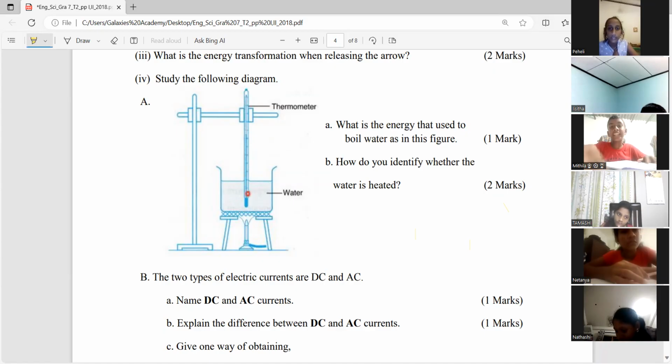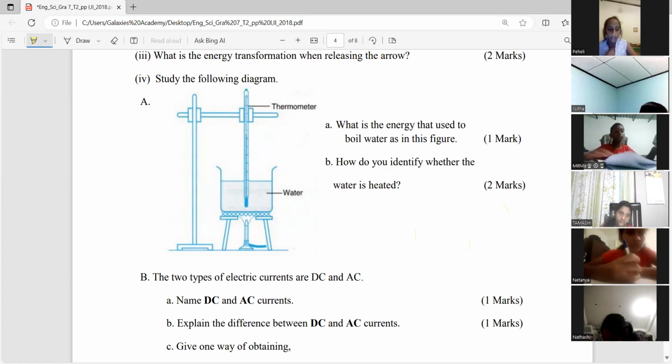When the indicator of the thermometer goes up, it rises, no? You can write the answer: the indicator of the thermometer rises up.